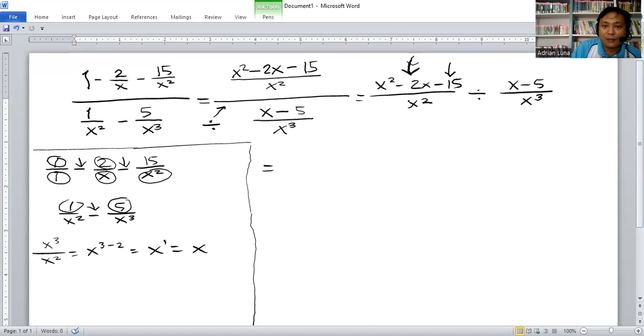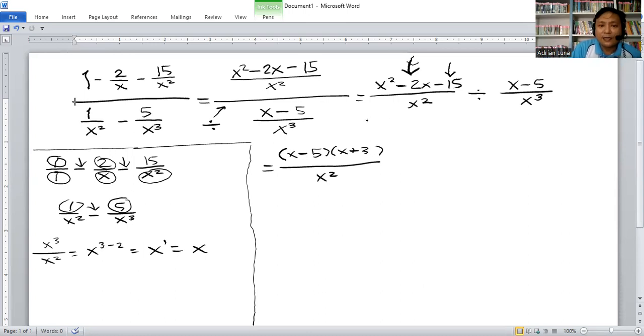Pag negative yung 15, malamang yung isang factor is negative. Since negative to, yung mas malaking factor yung negative. Anong factors ni negative 15? 3 and 5. Since negative to, yung mas malaki yung negative value, all over x squared.